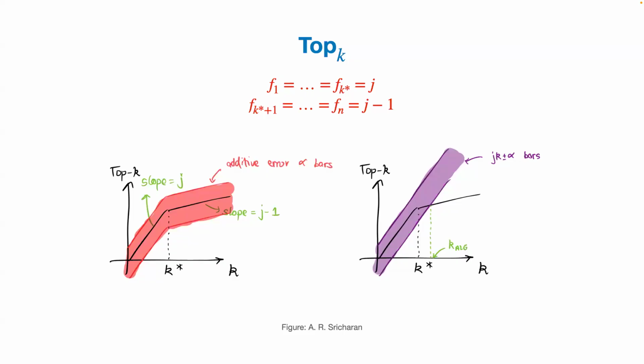And because of the difference of these two slopes in the top K queries, we expect the curve over there to be outside of this region. So using this black box that solves top K norms, we can find a good estimation of that turning point K star.